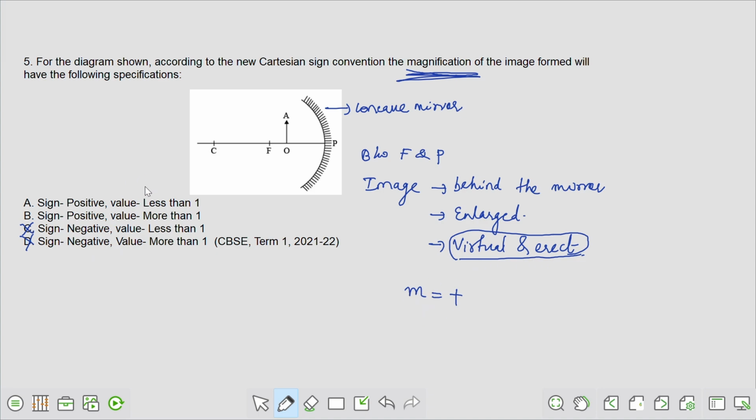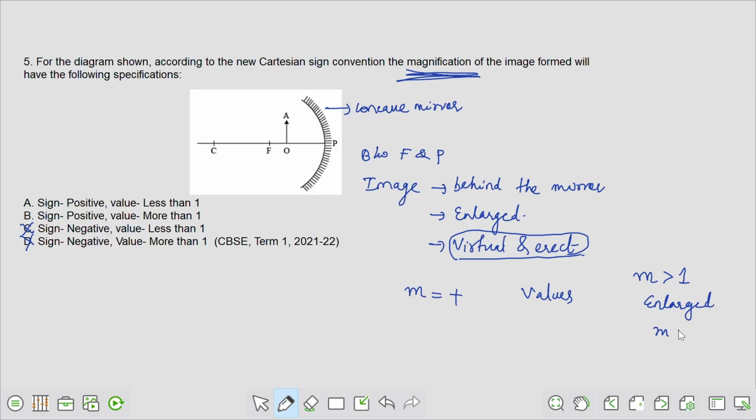Now we have to identify whether it is less than 1 or more than 1. What do the magnification values indicate? Values indicate whether the image formed is enlarged or diminished. If magnification is greater than 1, then the image formed is enlarged.